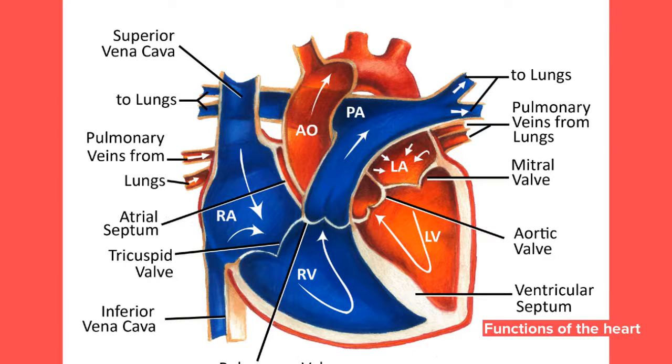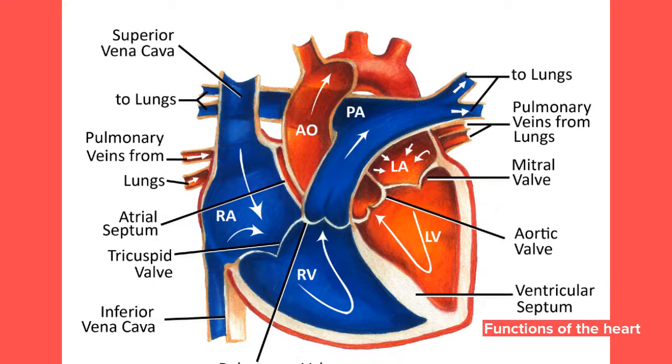The next one is how the heart functions. We all know the heart acts as a pump. It maintains constant circulation of blood throughout the body. So how does the heart function? First, the superior vena cava and inferior vena cava bring venous blood from the various parts of the body to the heart.